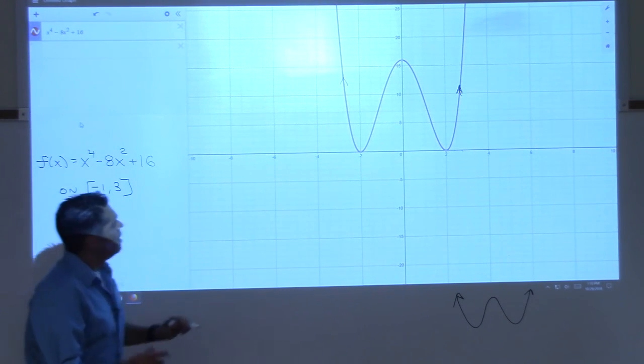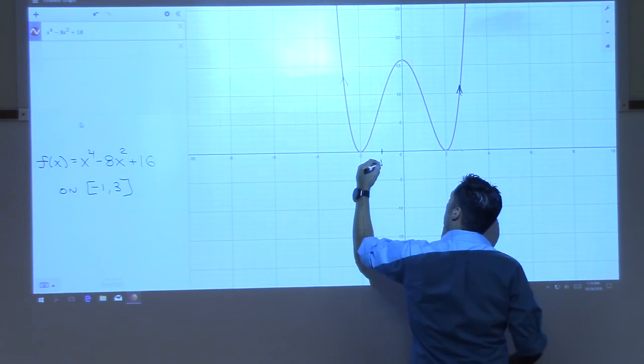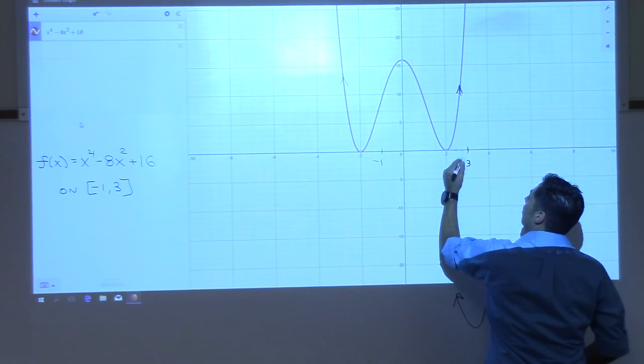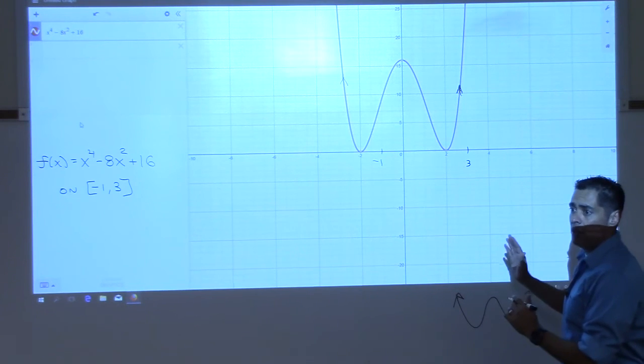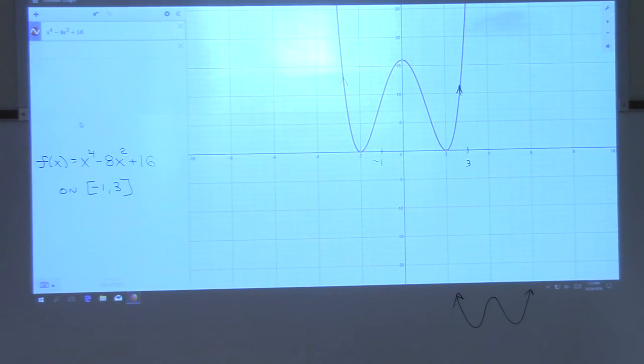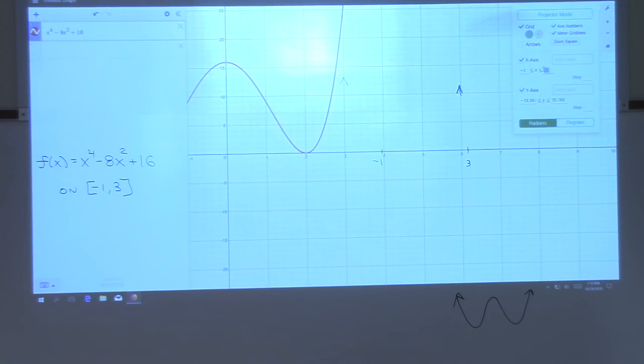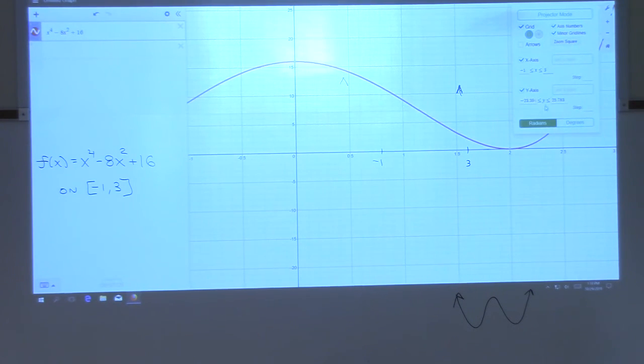Okay, so now I'm only allowed to look between -1 and 3, which is here, okay? I'm only allowed to look at the graph there. So I'm going to have the computer do that for me. Can you all kind of tell what I've done there?